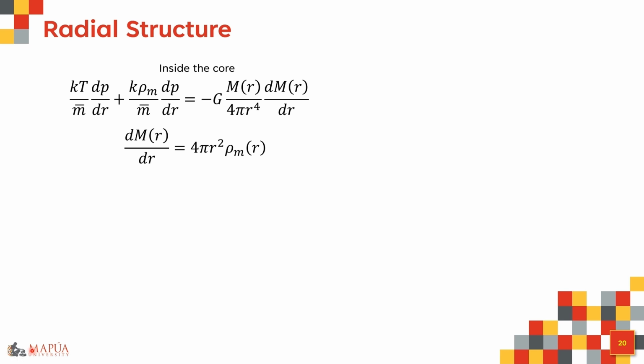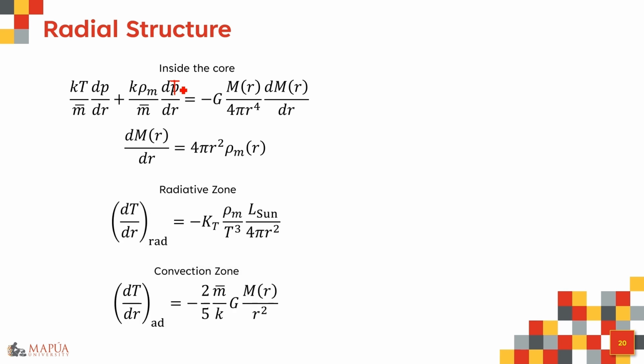Sorry, this should be temperature. It should be temperature. So this is the temperature gradient, which is given by the radiation zone equation and the convection zone equation.